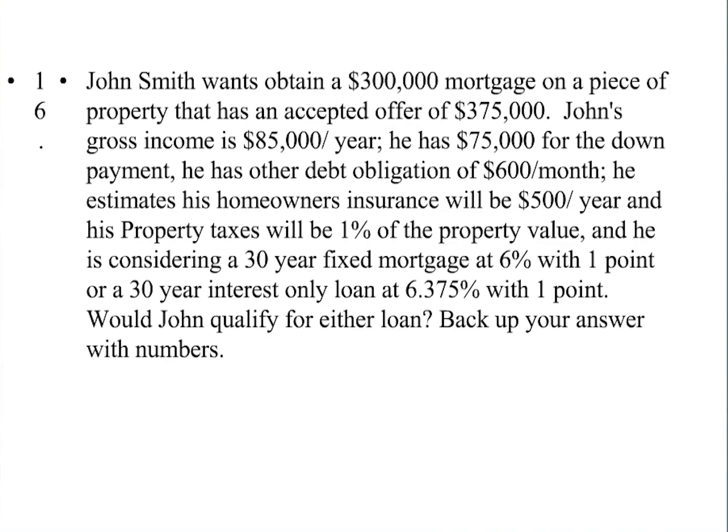He's considering a 30-year fixed-rate mortgage at 6% with 1 point, or a 30-year interest-only loan at 6.375% with 1 point. Would John qualify for either loan? And again, you had to back up your answer, not simply answer it. And that's on the next page.